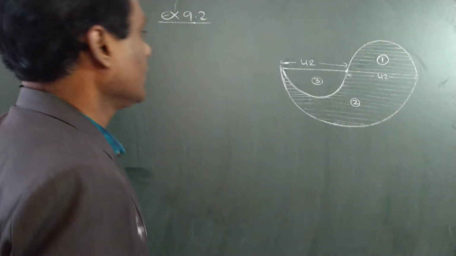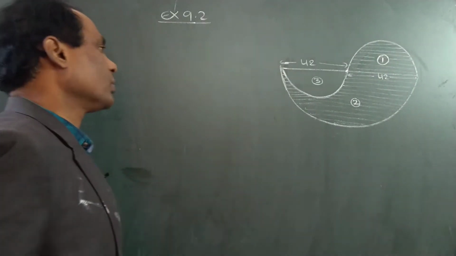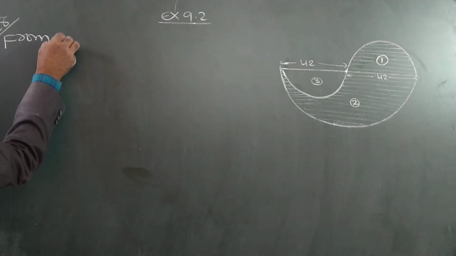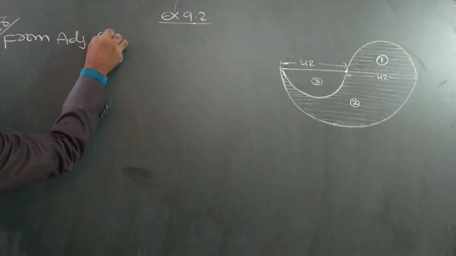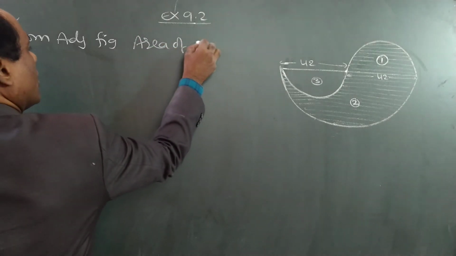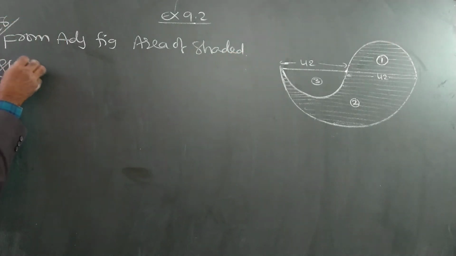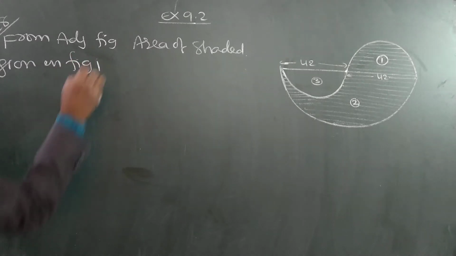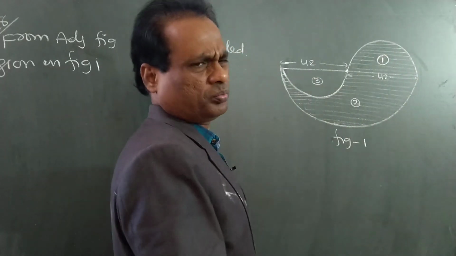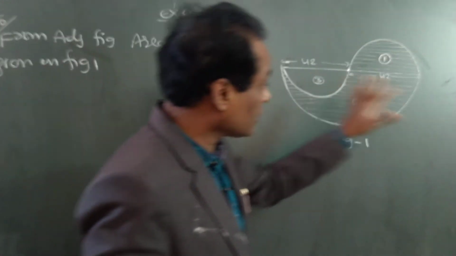See here. Don't write. First, let me write one important step. After that, you can proceed. From the adjacent figure, area of shaded region. So you name it as figure 1 and the second one as figure 2. Only one diagram I am taking because two figures are given. See the textbook. One more is given.